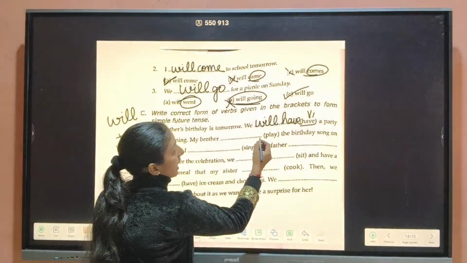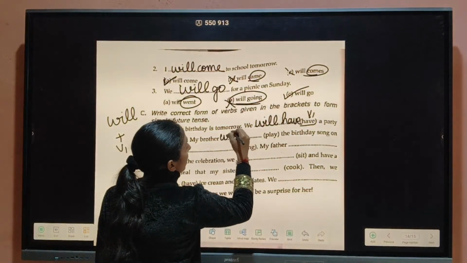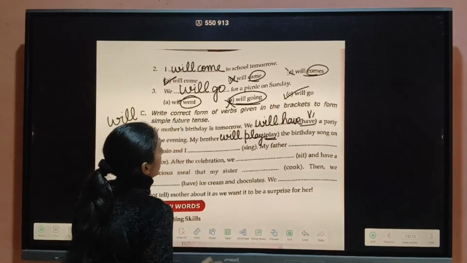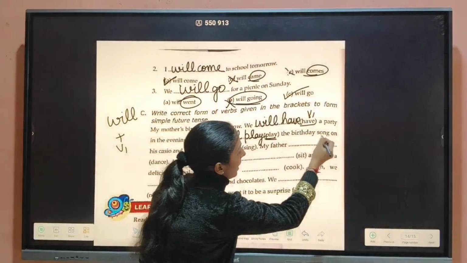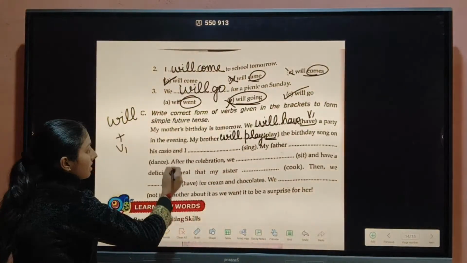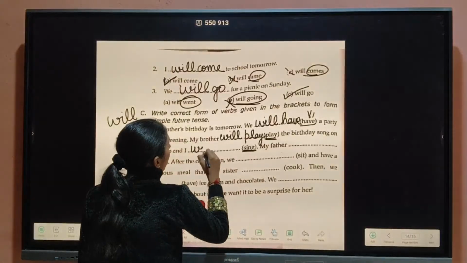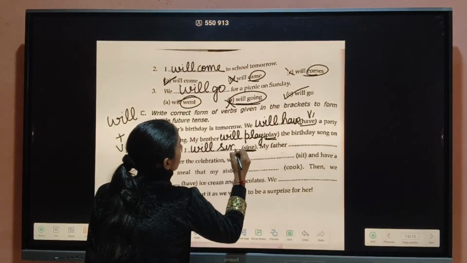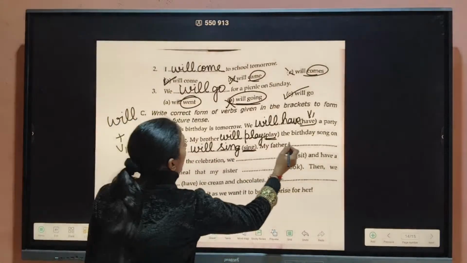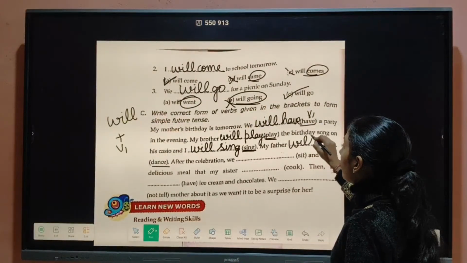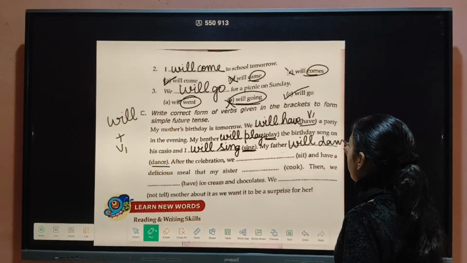My brother, again I said add will, and what is written in the bracket, first form you will write. My brother will play the birthday song on his Casio and I will sing. Okay. My father dance. My father will dance.